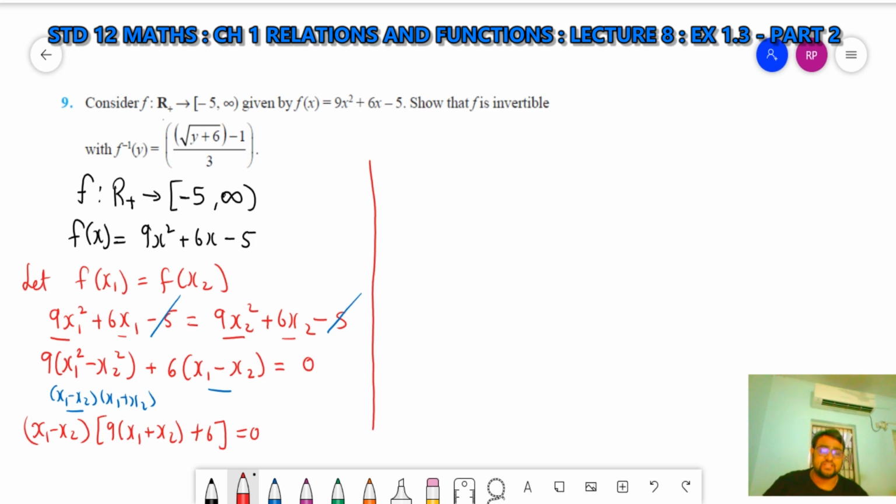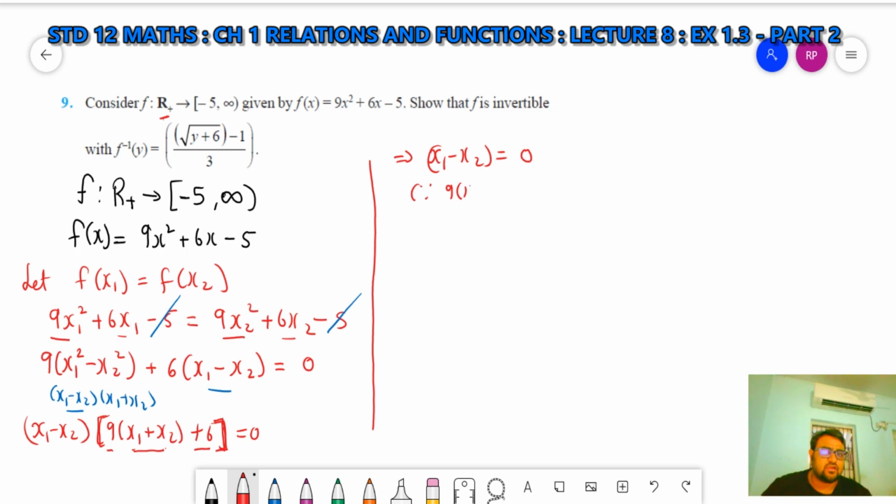Okay. Now see this bracket, plus 6 positive, 9 into x1 plus x2. Now see x1 and x2, that is R plus. You can take any value from R plus. So x1 is positive, x2 is positive, into 9 plus 6. So this bracket cannot be equal to 0. So what does that mean? That means that x1 minus x2 is equal to 0. Why?